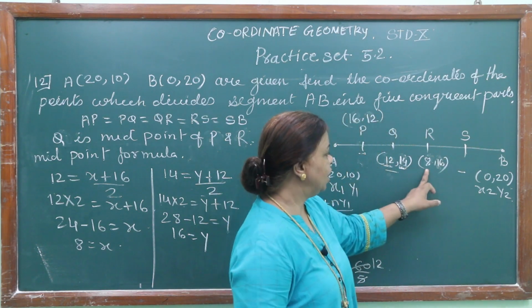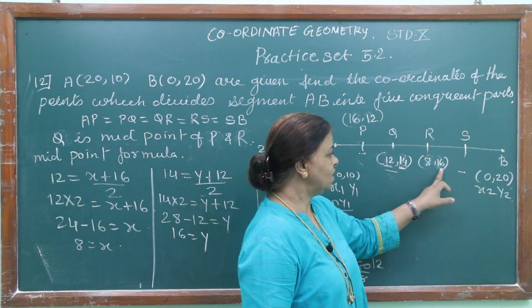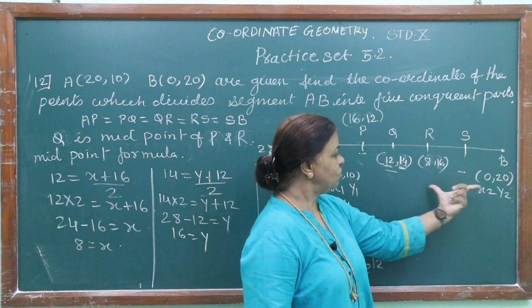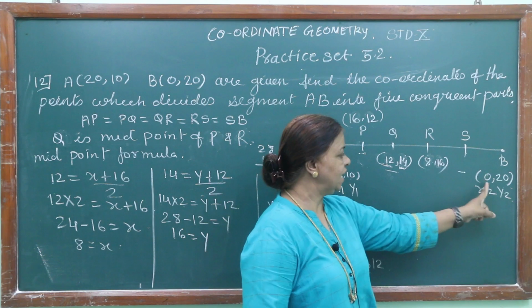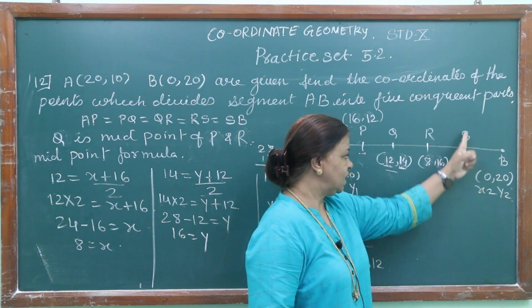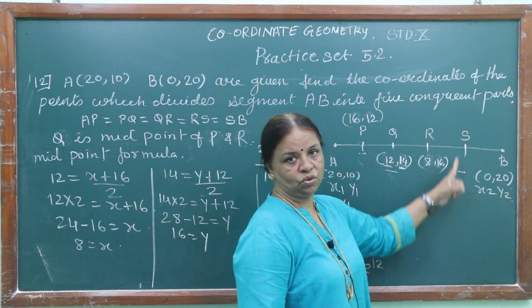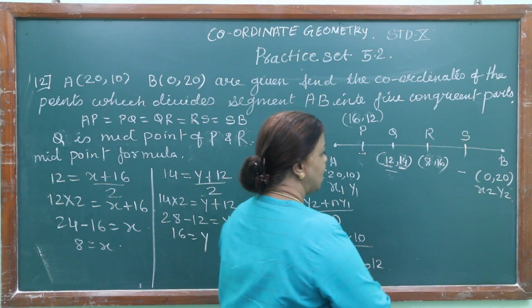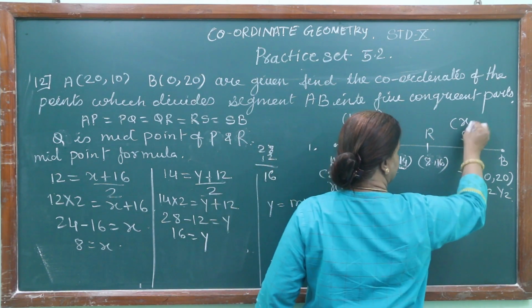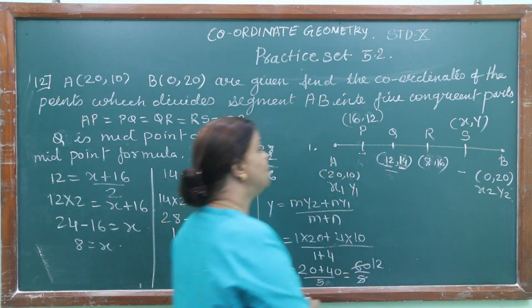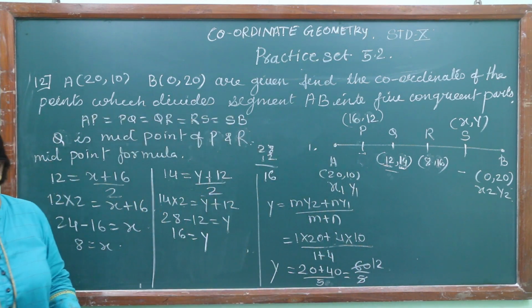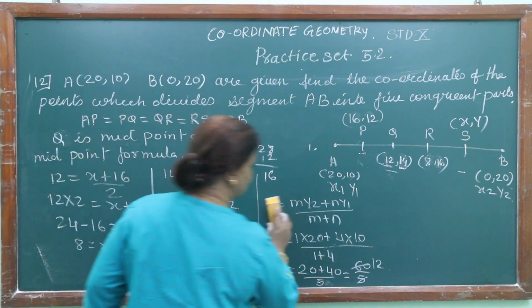So we got the coordinate of R also, 8, 16. Now we want the coordinate of S. If you go to see children, here we know the coordinate and here also we know the coordinate. But this coordinate we don't know. And this is the midpoint. So we can again consider this as x, y. And by using the midpoint formula we can find out.